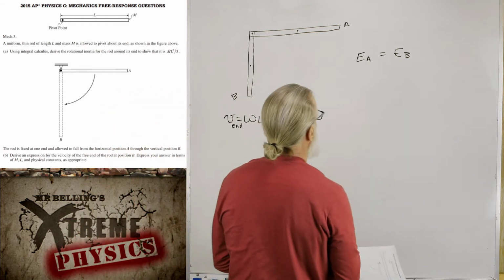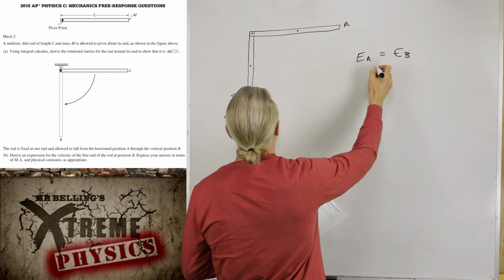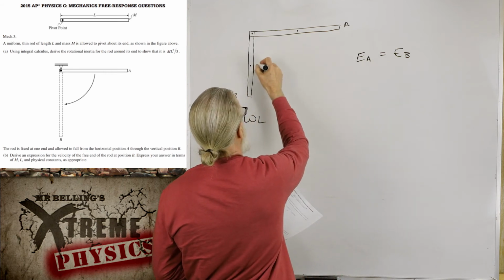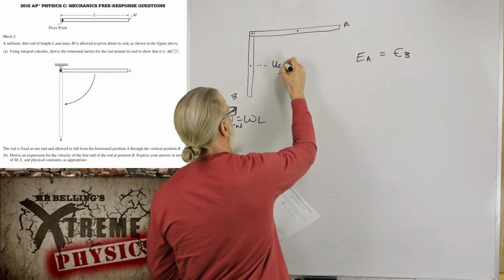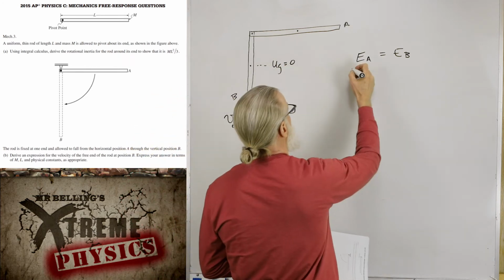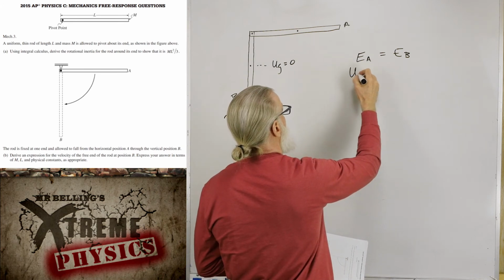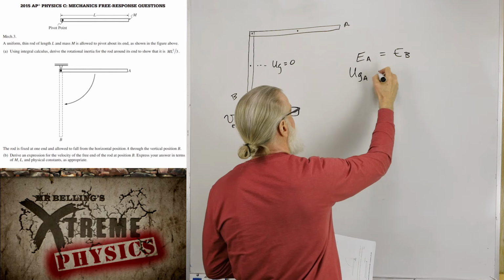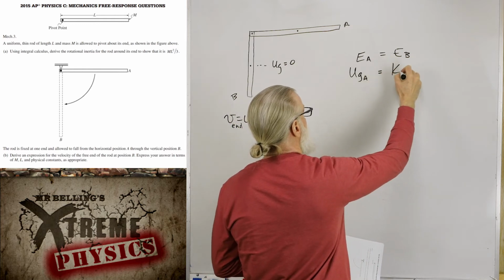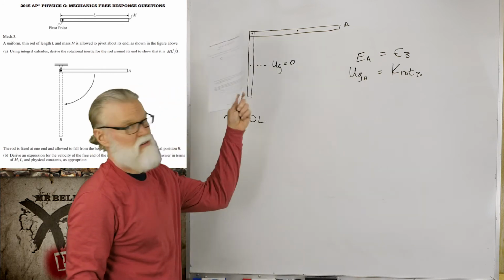All right, so let's see what we got. I'm going to call this zero gravitational potential energy when it's at that position. And so we end up with the gravitational potential energy at A equals the rotational kinetic energy at B. This thing isn't translating.